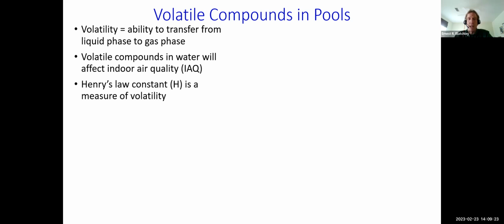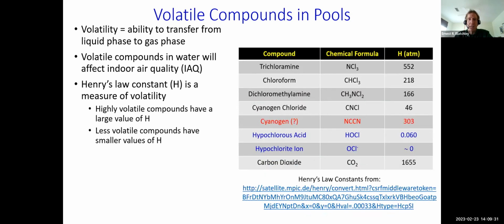One measure of volatility is the so-called Henry's law constant, or capital H. The larger that value, the more volatile a compound is. So generally, the larger the Henry's law constant, here represented in units of atmospheres in the right-hand column, the more volatile the compound is.